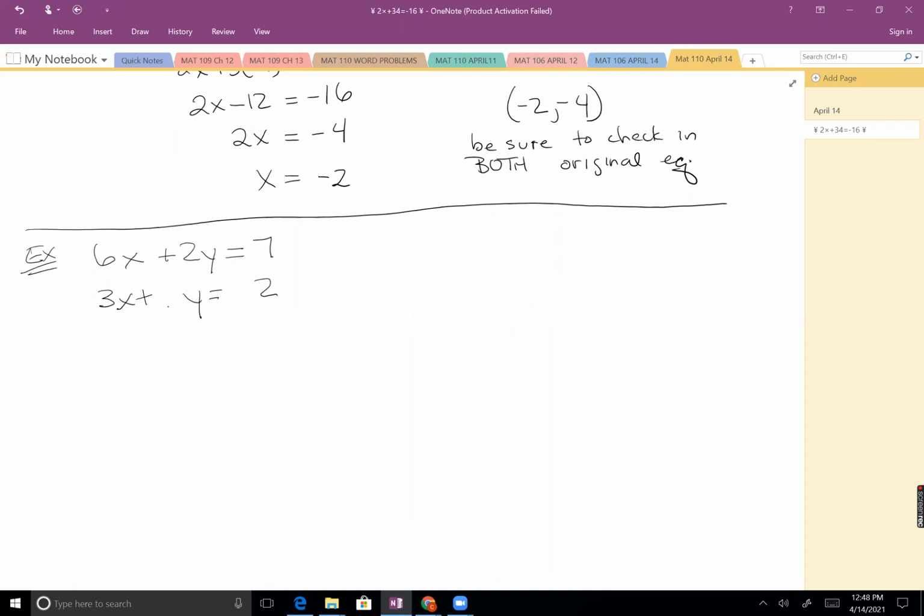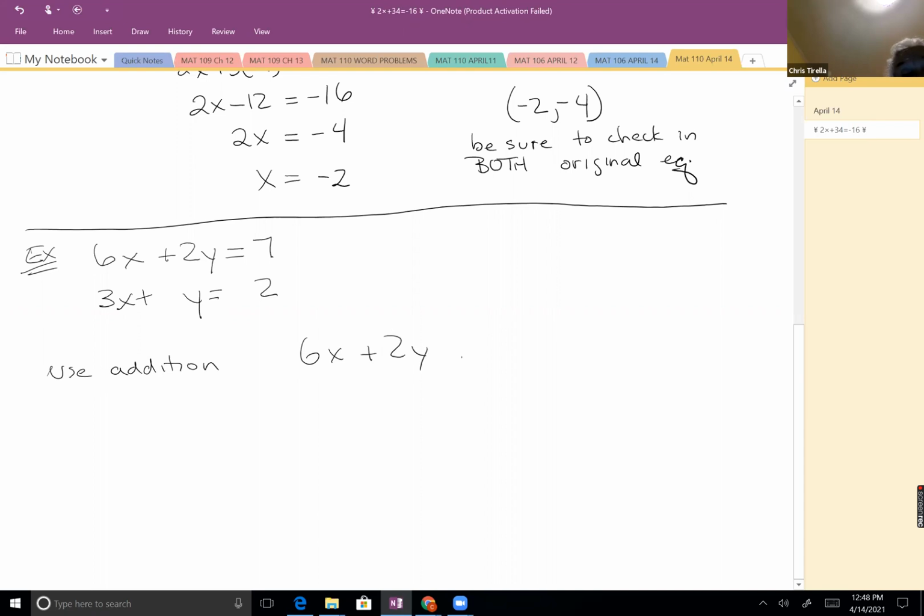Addition. So if I use addition, looking at the fact that that second equation has a coefficient of 1, does it make sense that I might want to eliminate the y's?